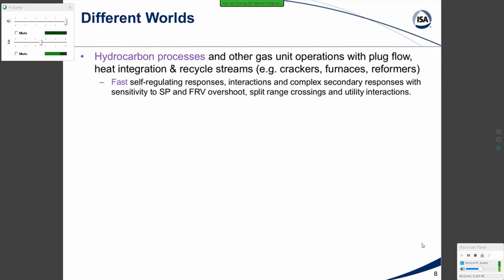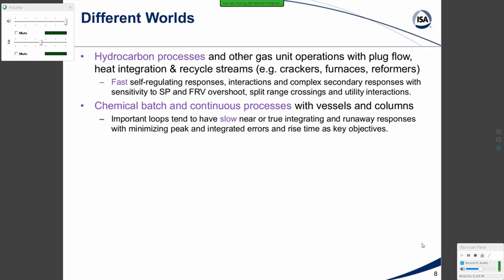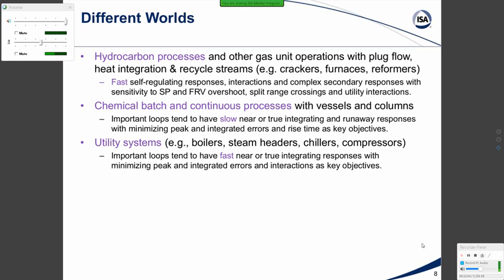There are different worlds, like hydrocarbon processing. I don't have that much experience in that, so it's kind of foreign to me. But for chemical batch and continuous processes, where I spent most of my career, I tend to see near true integrating or runaway responses.